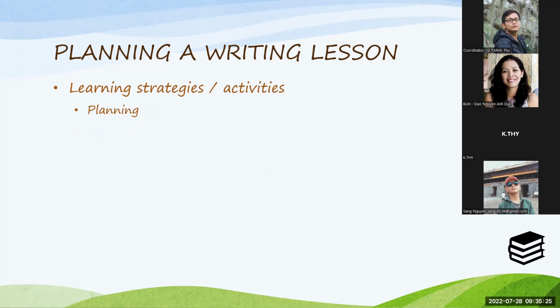We have teacher's activities and then student activities. Everybody, can you help me go over all the 5 steps here? Now, we have the planning here. What activities do you think we should include in this stage? Planning this task, what do you think?